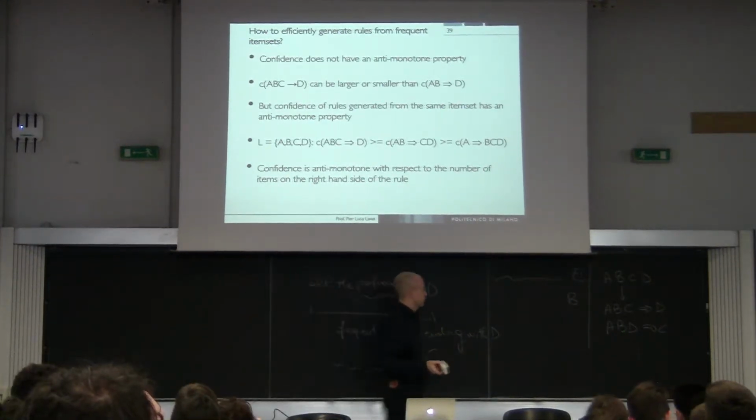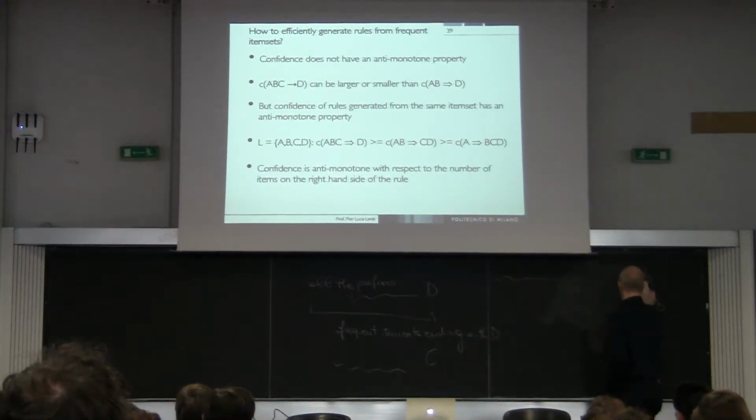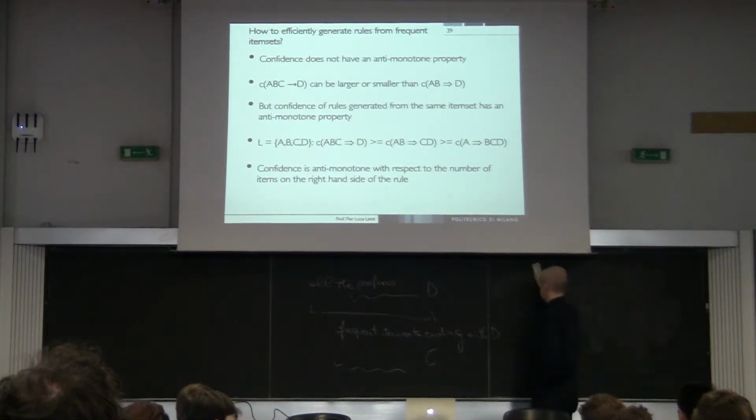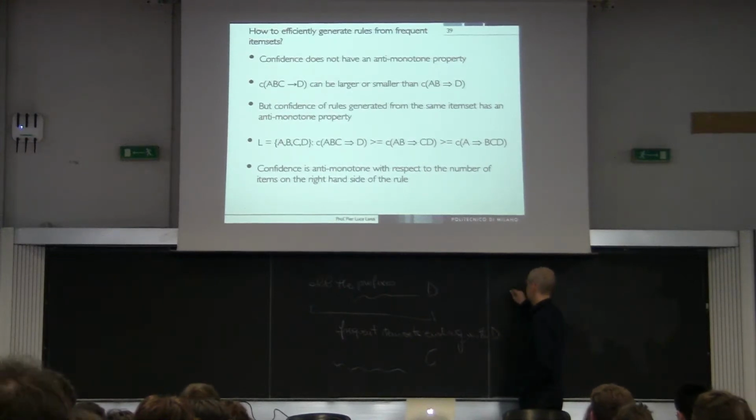And just to explain this, if you have 2 rules, and right now support is the given fact. Everything you are dealing with has enough support, a support large enough.